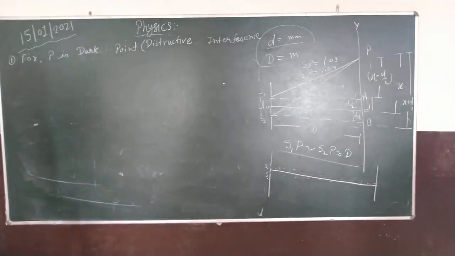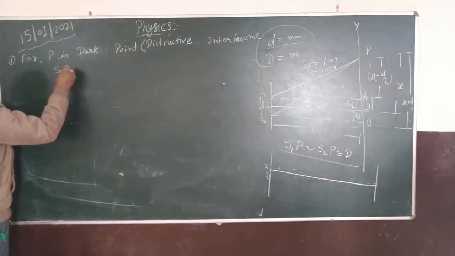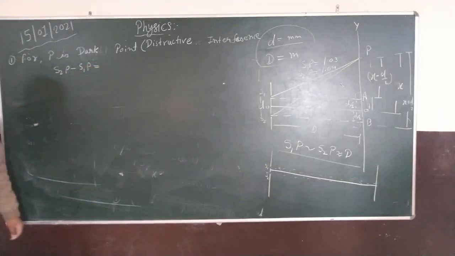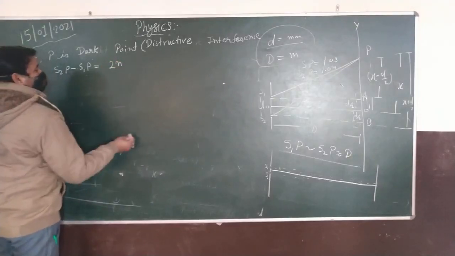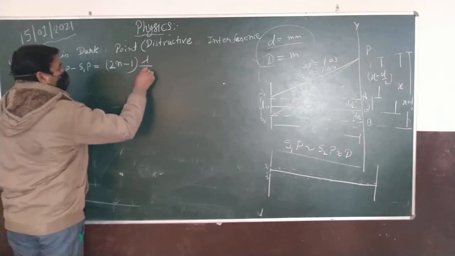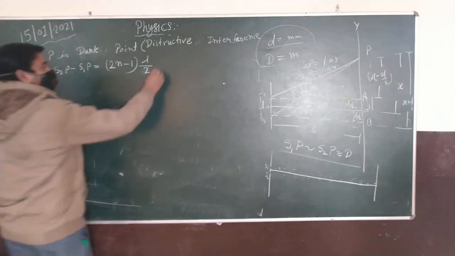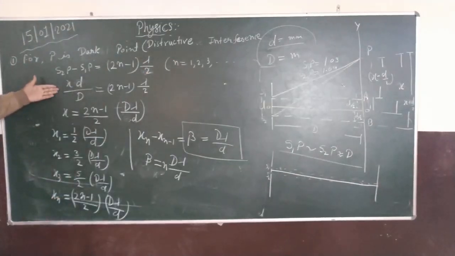Now the path difference for destructive interference, S2P minus S1P, is equal to how much? (2n minus 1) lambda by 2. Clear? So this we calculate from here.